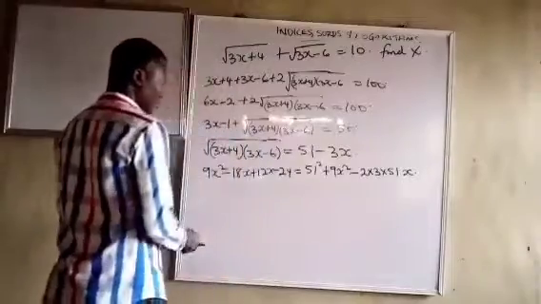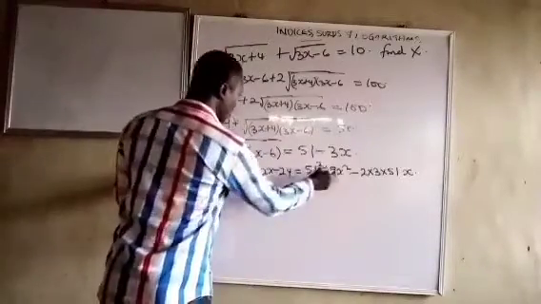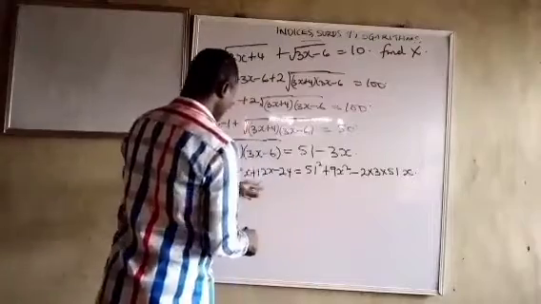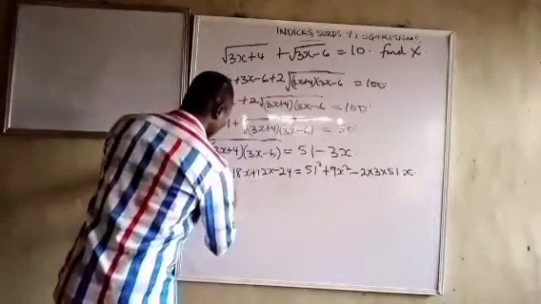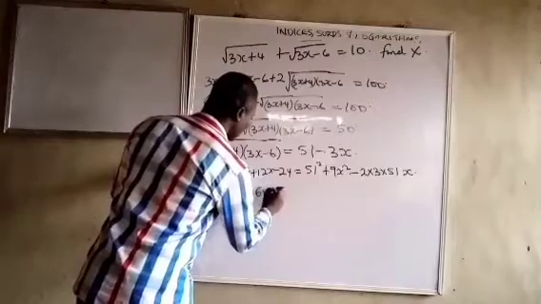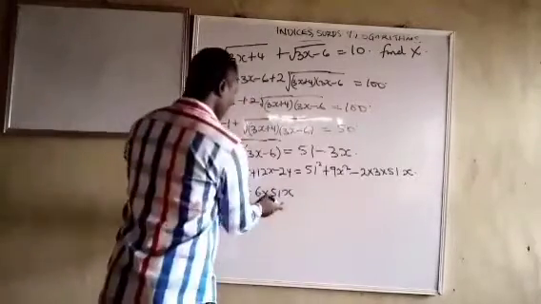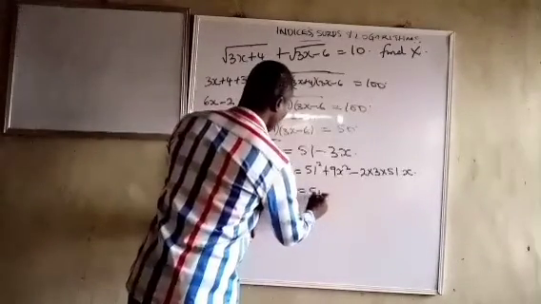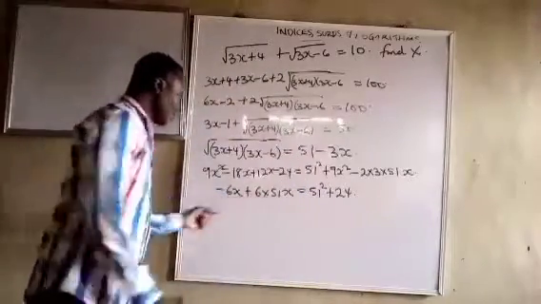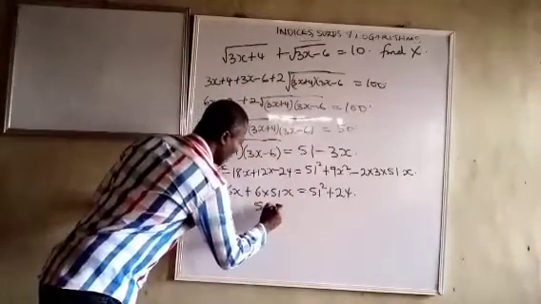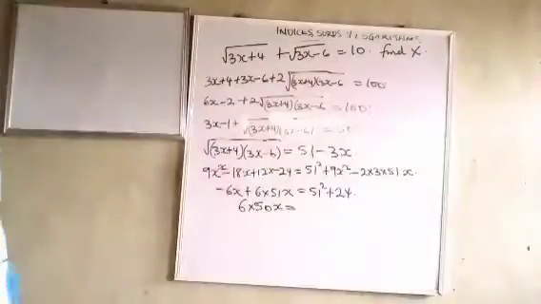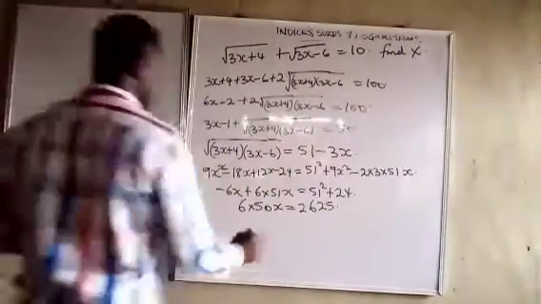Now let's see what we can quickly do for ease. This one and this one will go off. So let's bring like terms. So this one is minus 6x plus 6 times 51x is equal to 51 squared plus 24. From what we have here, this one is 15x times 6, and this one is 2625.